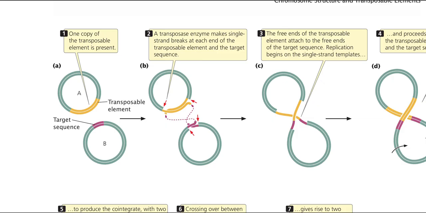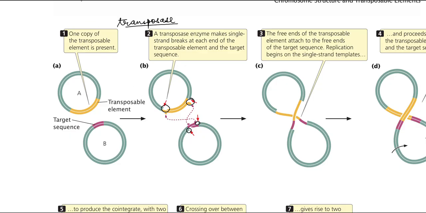So basically there is an enzyme here which works. The enzyme name is transposase. The transposase enzyme basically makes the cuts here and here. That is, it cleaves the DNA at these particular sites, and similarly here and here.